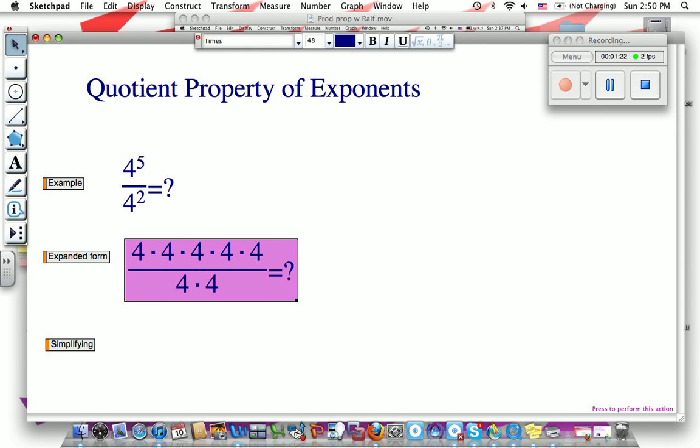This is working through an expanded form, the longhand way of doing the problem, and later we'll shorten it with the rule, okay? All right, so we're going to simplify this problem, and what we're going to decide is that 4 divided by 4 can be simplified to 1, right, Rafe? 1.